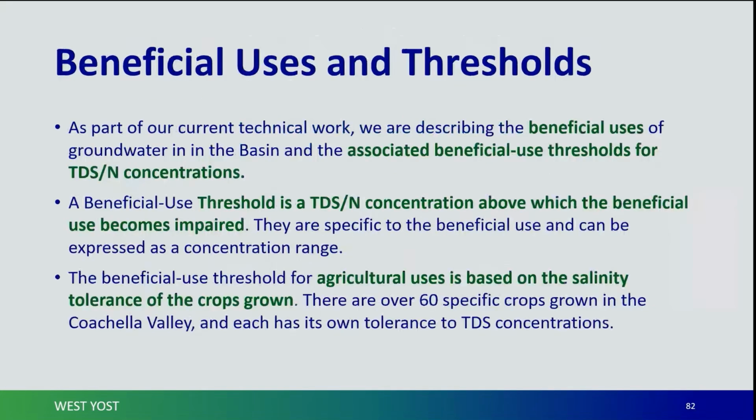So today we want to talk about what that beneficial use threshold, or the range, is for agricultural uses based on the salinity tolerance of the crops grown in the valley. We know there are a lot of specific crops grown. There's a lot of data that we've collected, and each of these crops is going to have a different tolerance to TDS concentrations, and we're just trying to get a little more information on what that might be, if you have it and if you have input.